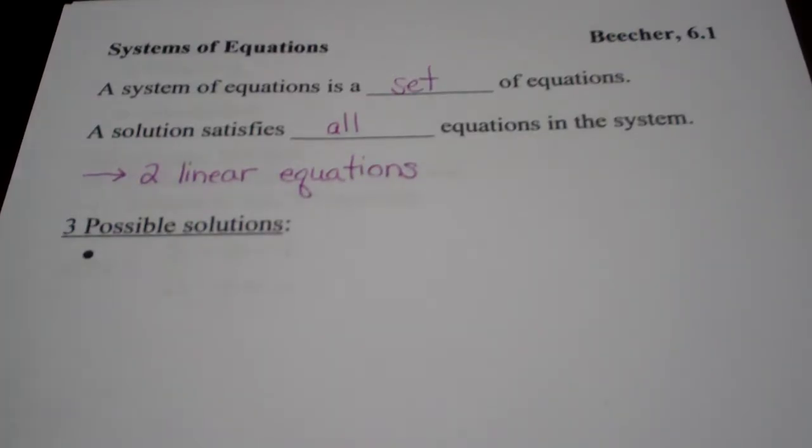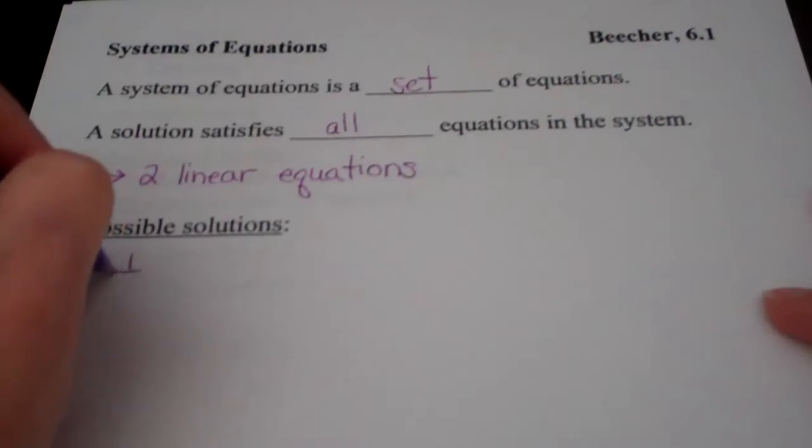Okay. So for two linear equations specifically, there are three possible solutions that we could get. Since we're dealing with two lines, there are three possible ways that two lines could interact. The first, I think, is the most obvious, and that is that our two lines might intersect. So we could have intersecting lines.